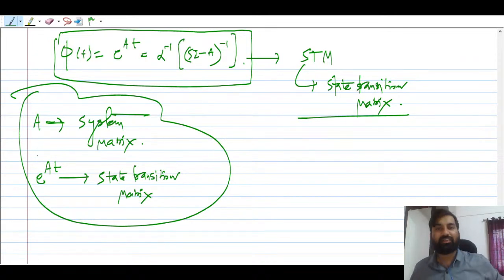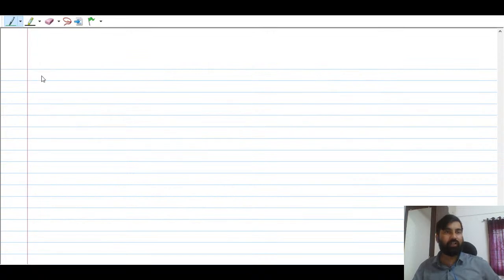A is the system matrix, which you obtain directly from the differential equation, transfer function, state model, or signal flow graph. But once you get the A matrix, from it you can get the state transition matrix. If the A matrix is not known, you cannot get the state transition matrix. These are very important things to keep in mind.